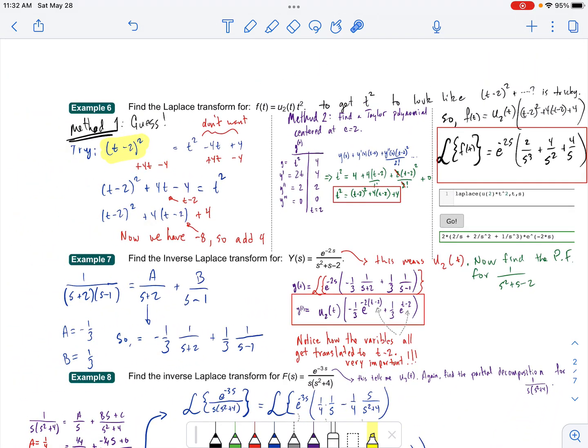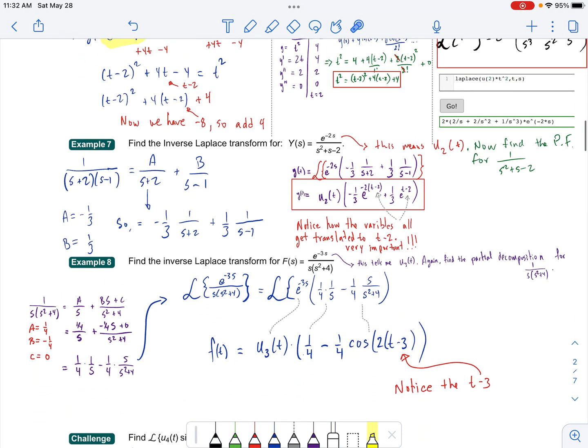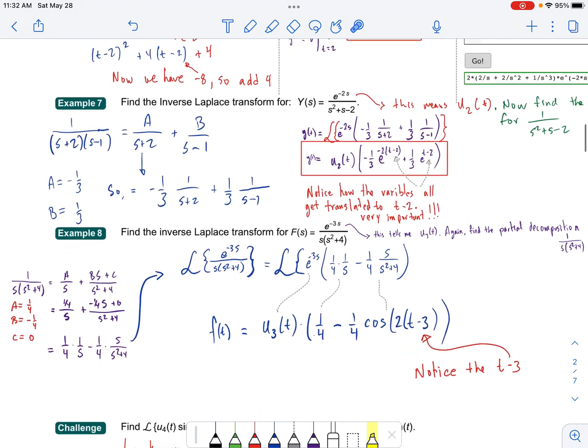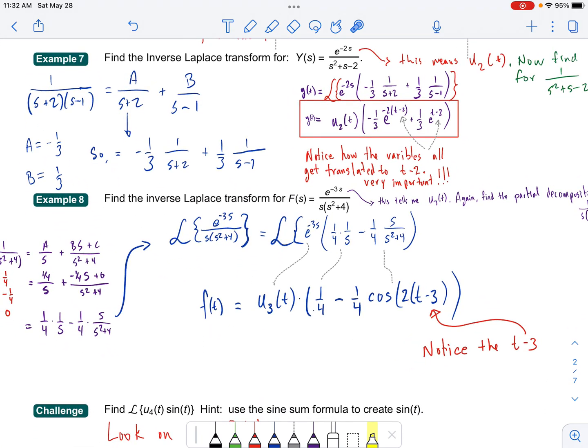What we want to be able to do now is go backwards. So on examples 7 and 8, again, we didn't get to these in class, but we want to do the reverse now. Suppose we do have an inverse Laplace transform that has some kind of an exponential term in the numerator. That tells me that there's a shift of 2 and also a unit step of 2.